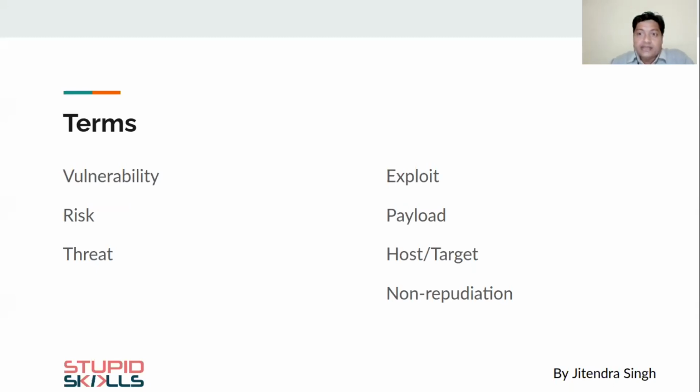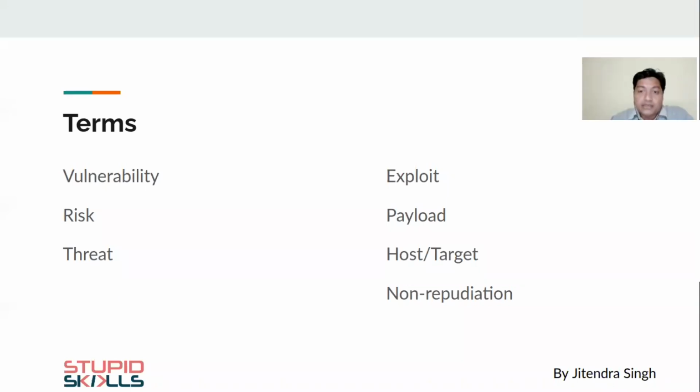Then you give them some kind of numbers, like what is the probability that this particular weakness can be maliciously used by a particular person or a group or a particular hacker.